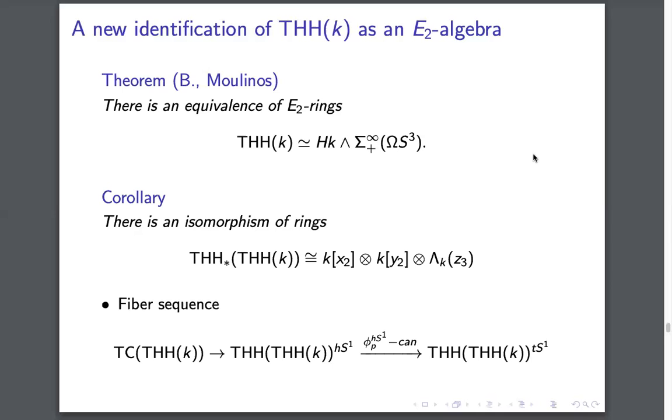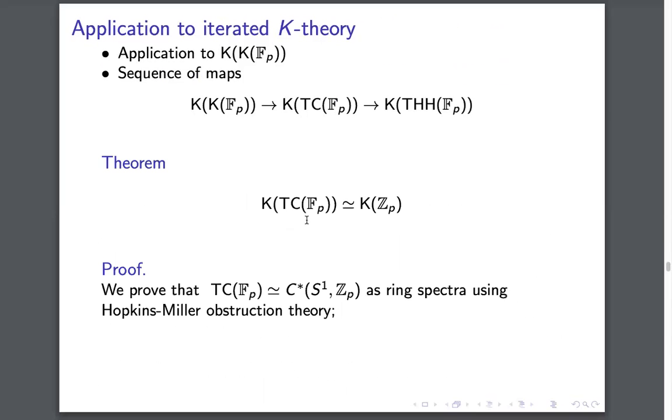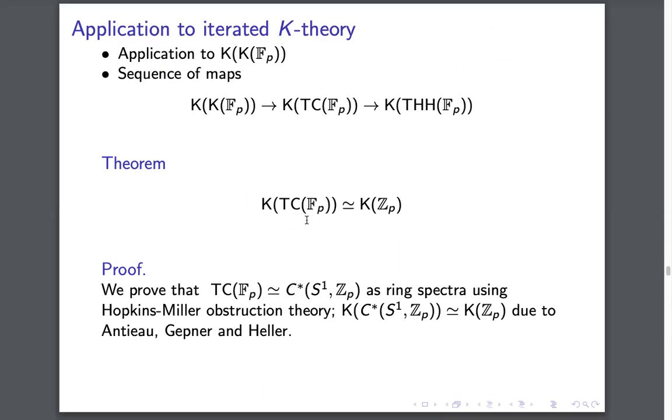I have another question, Ozgur. You said that TC of FP can be identified with the cochains on S1 with coefficients in ZP, right? I was wondering if there's, I don't want to say dual, a pre-dual version of this statement in terms of coalgebras. Let's think of it. So what would be the S1 of ZP?